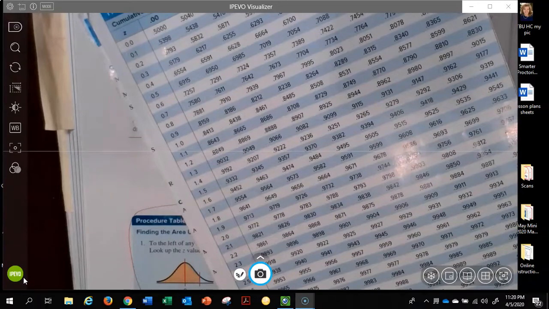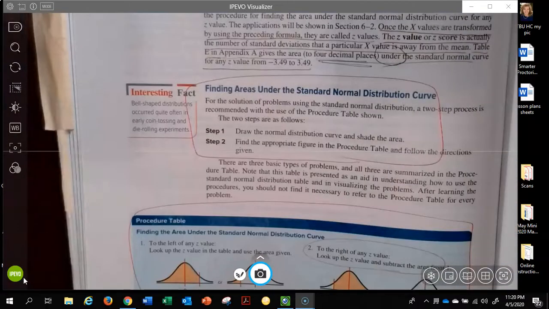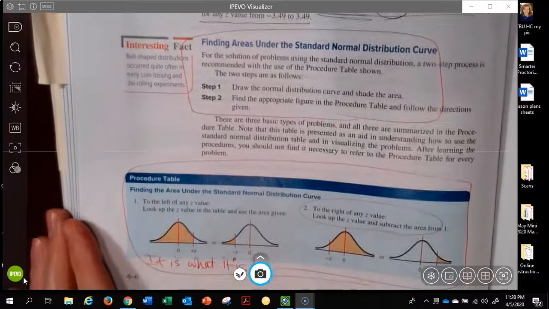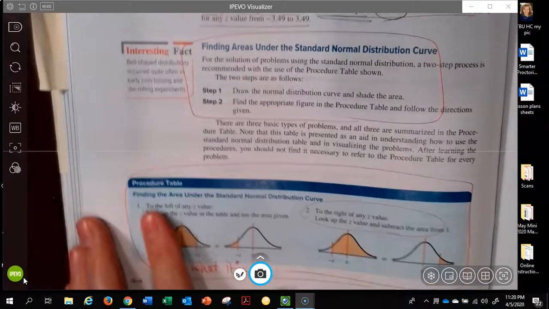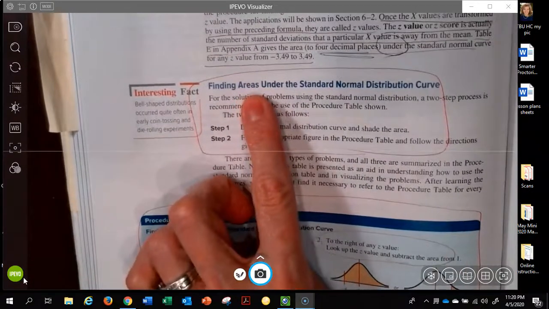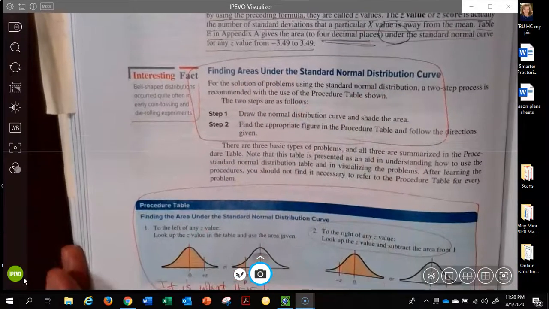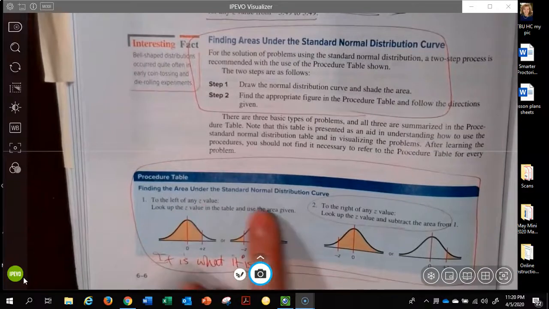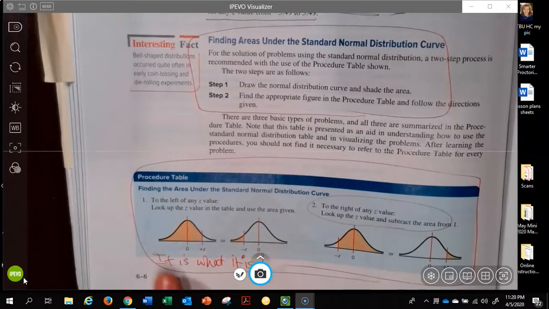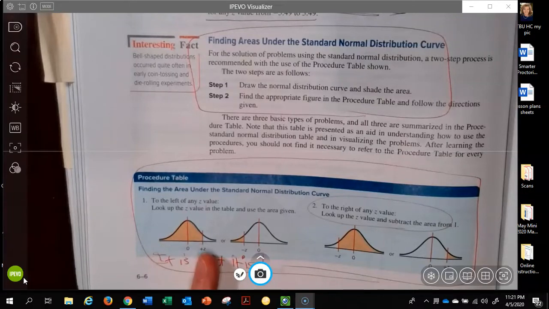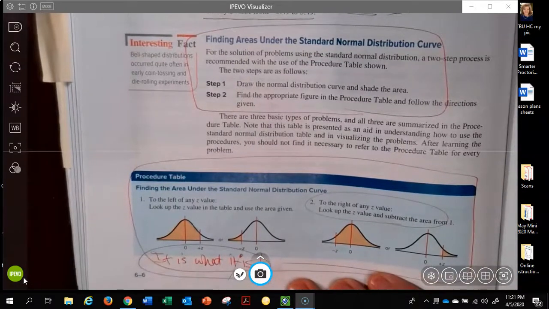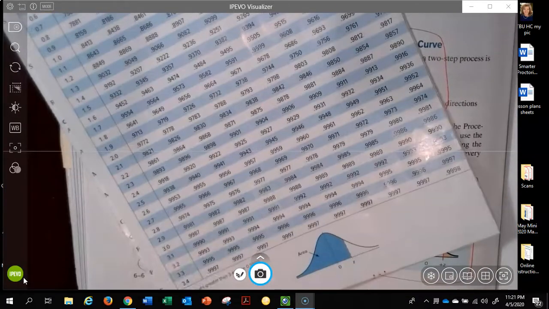But we're going to continue and look at how we calculate finding area under this normal curve. That's what we're going to be looking for. The thing I like to write on this one is, anytime we're looking for the area to the left of the z-score, then when we go look at this chart, it is what it is.